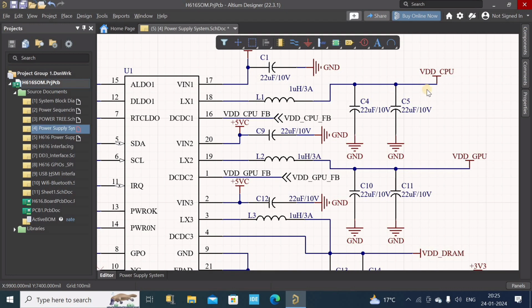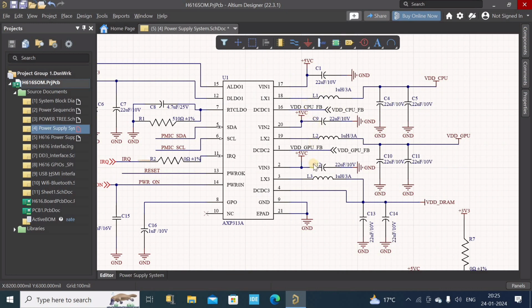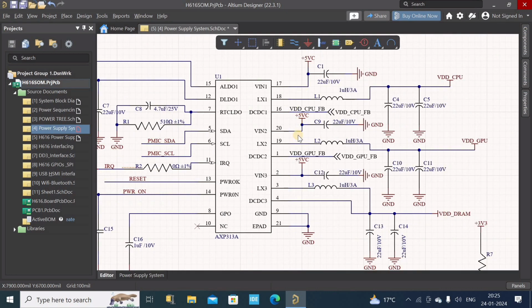Okay, and then down here, the same goes in here also. Like see here, this is VIN, which is connected to 5 volt DC, and we have a filter cap which is 22 microfarad, and then we have an inductor, okay, and then these two bulk capacitors, and we have a feedback, and this feedback is coming all the way from VDD GPU feedback, and this is for GPU, not CPU.